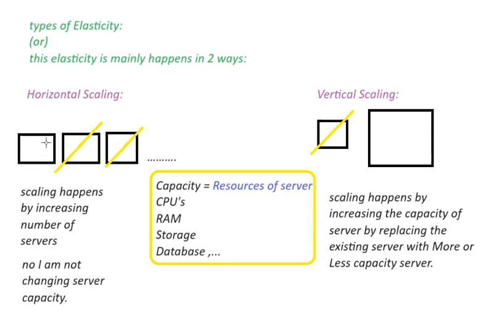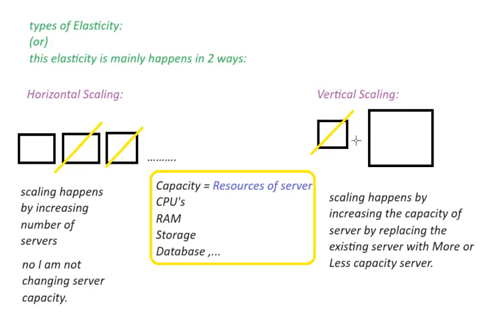That means the availability of the server is always present. In horizontal scaling, the server is always available. Whenever we scale out, that means increase the number of servers, or whenever we decrease the number of servers, there is always an existing server, so the server is always available. Now let us see the scaling.